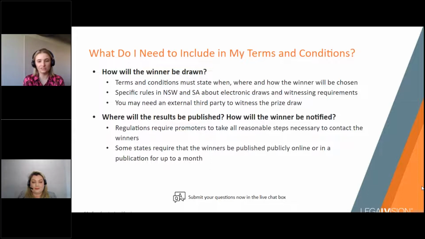And it is important to get the drafting done properly and correctly in the first instance, because the regulators will be reviewing the terms and conditions as part of the permit process. And if you're missing a detail or it's not done correctly the first time, this could delay the time it takes for your application to be assessed, and in some instances may prevent you from receiving that permit.